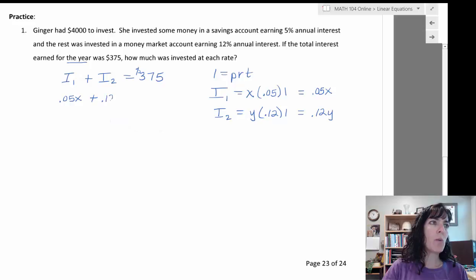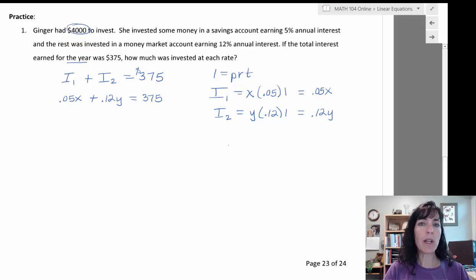So 0.12 times however much was invested in account 2 is going to give us the $375. Now I need one more equation, and that equation is going to tell me how much money was invested total. Because this is showing me just the interest calculations, but I know she had $4,000 to invest.